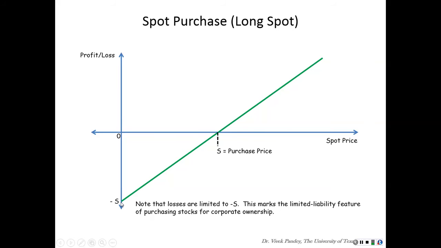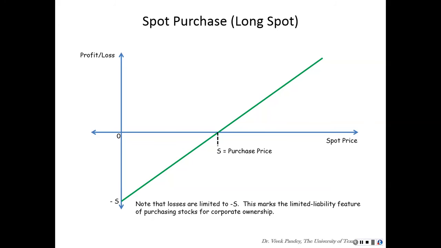One thing to note is that the worst that can happen to a stock's price is that it can fall to zero, right? And then you will lose all of the money that you had invested in it.